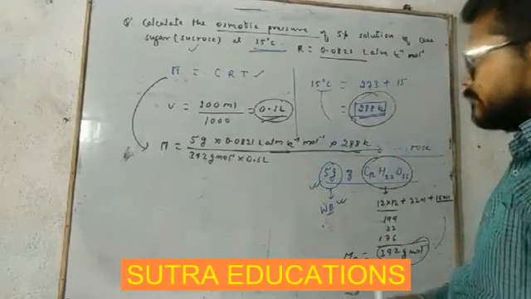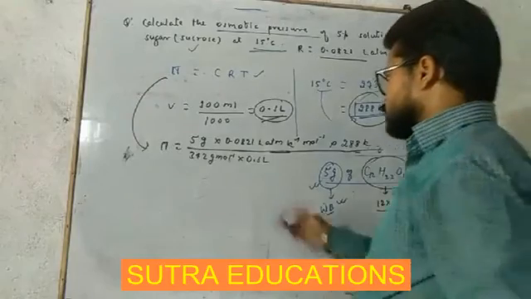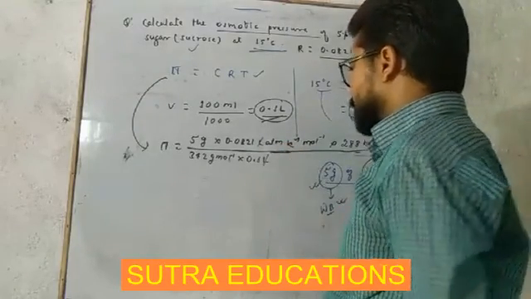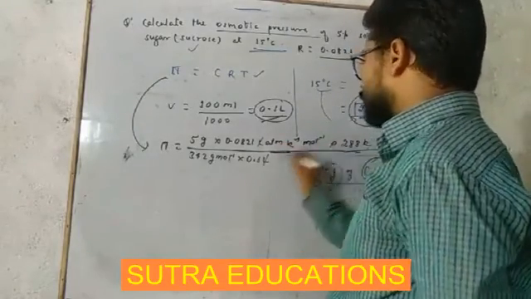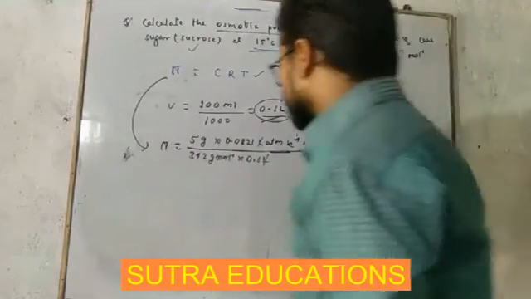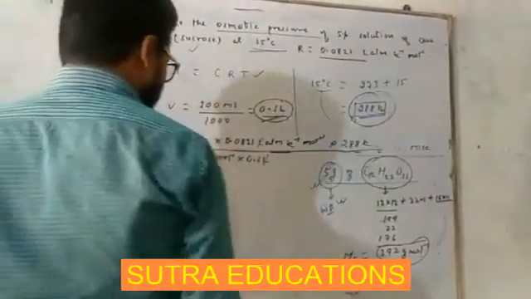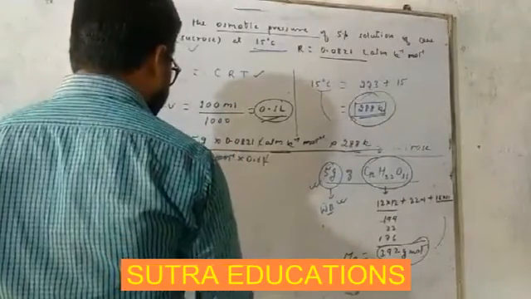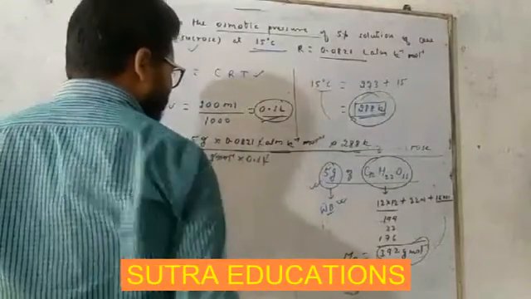So liter will get cancelled, mole inverse will get cancelled, gram will get cancelled.